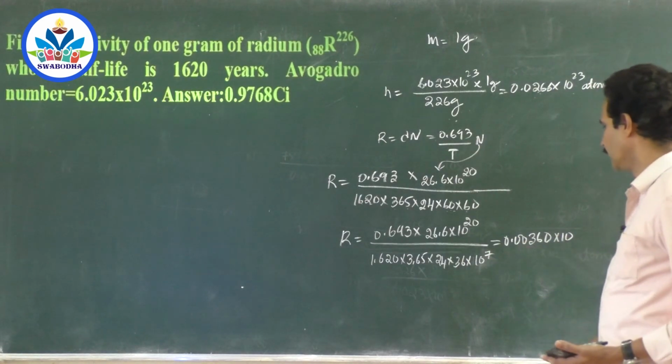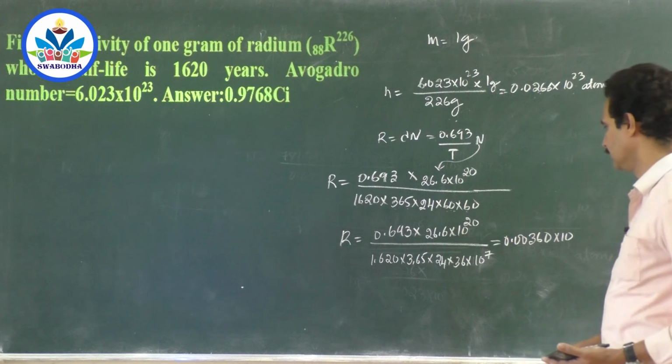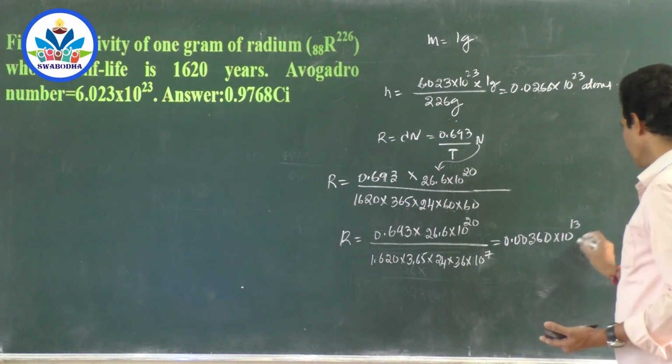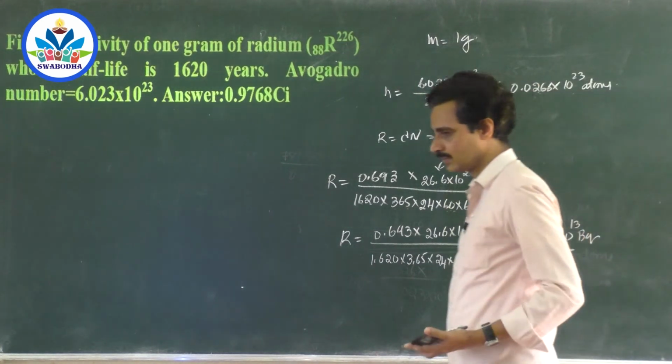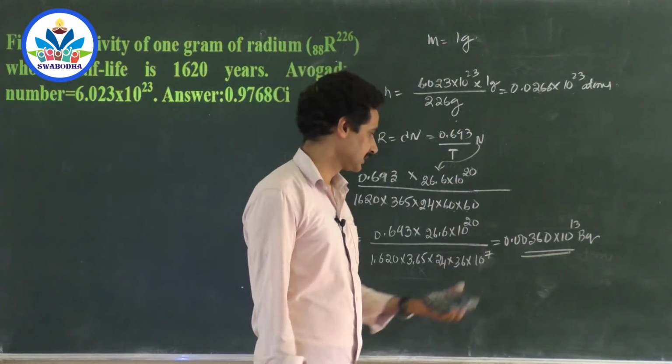See here, 20 minus 7, that is 13. This much becquerel. It is not Curie, it is becquerel, because everything is in the SI system.